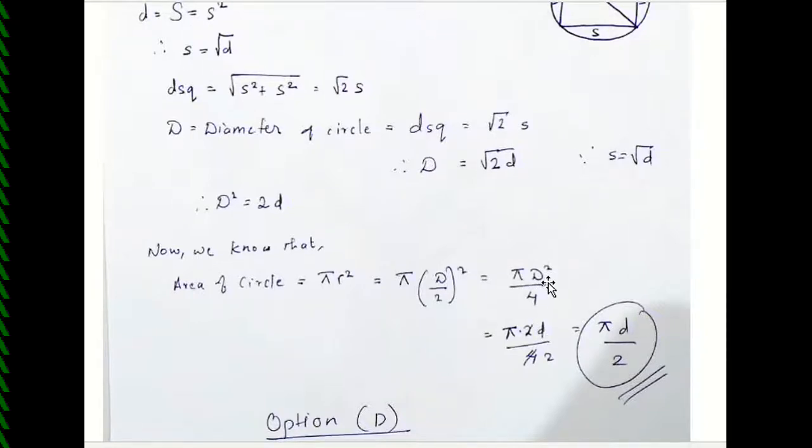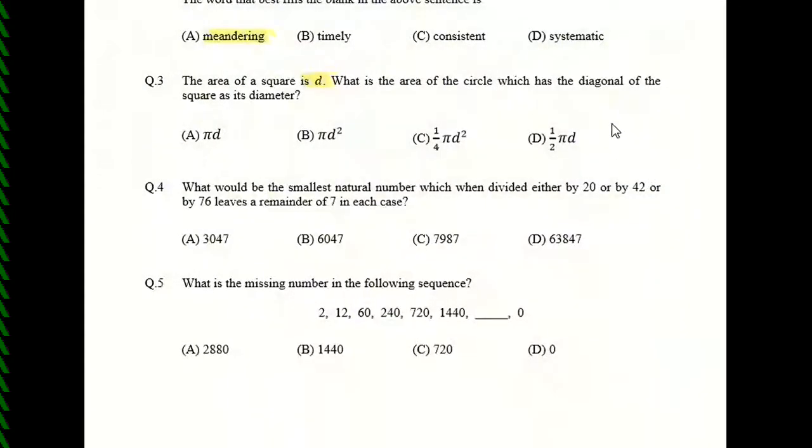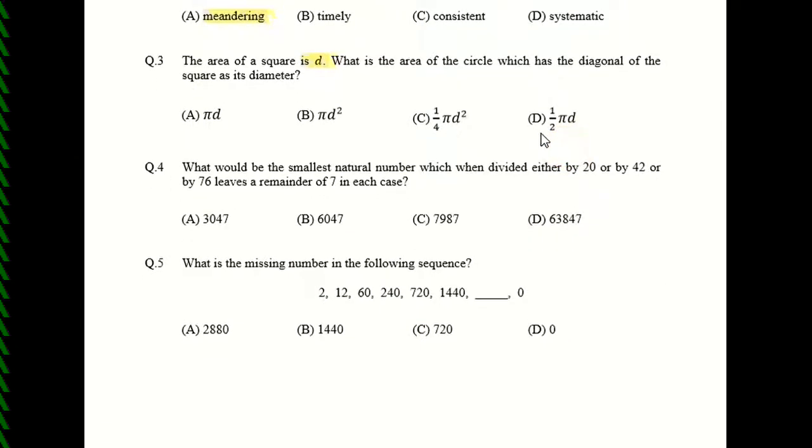And then I've substituted D value here. So it's D square will be 2D, right? So pi 2D upon 4. So 2 gets cancelled. 2 ones are 2, 2 twos are 4, and you get the answer as pi d by 2. So what is pi d by 2? It's option 4. So this is the right answer here.